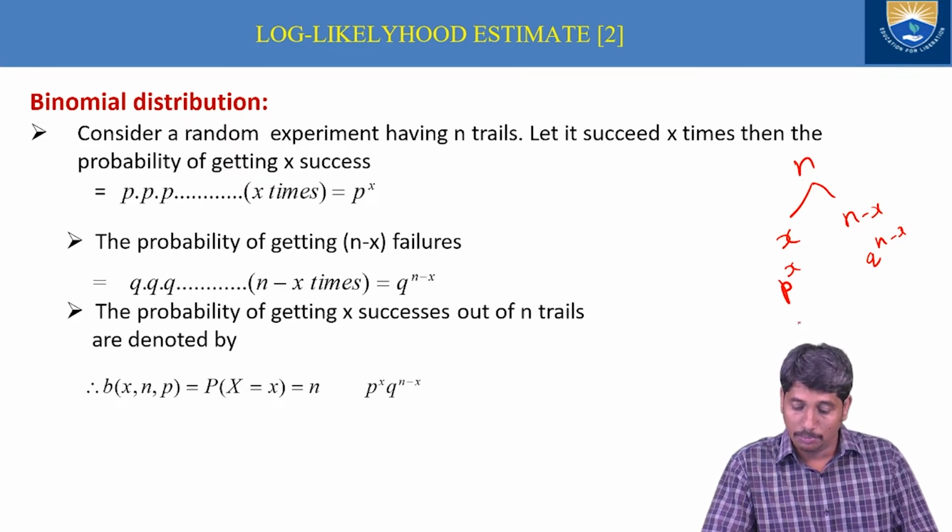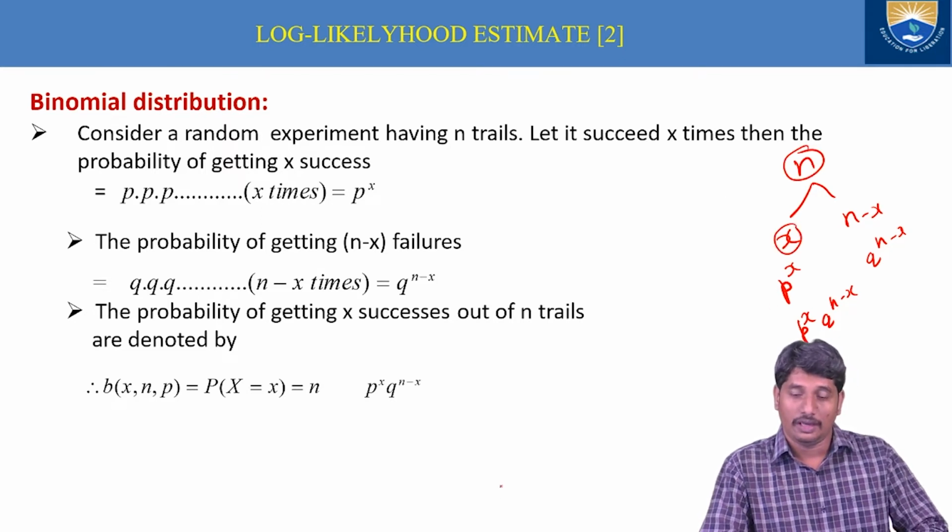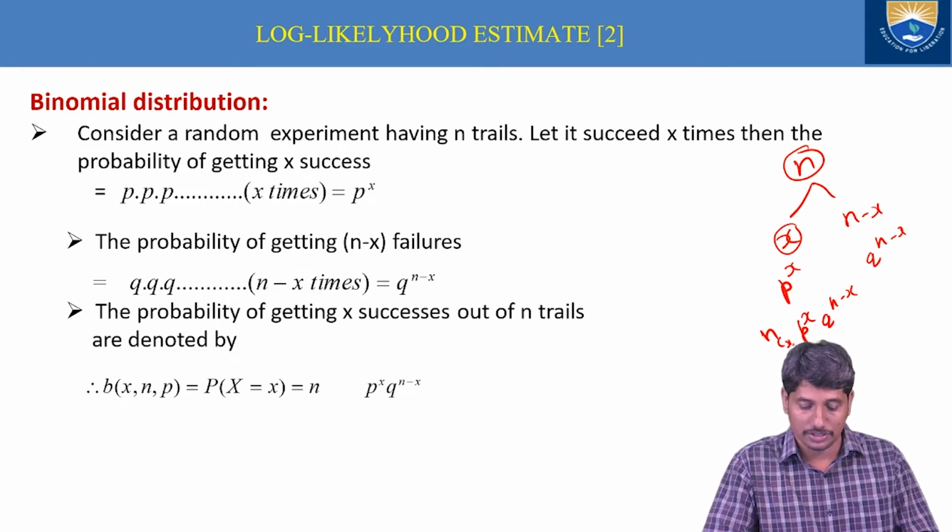That means p power x q power n minus x. This x successes out of n trials can happen in nCx combinations.